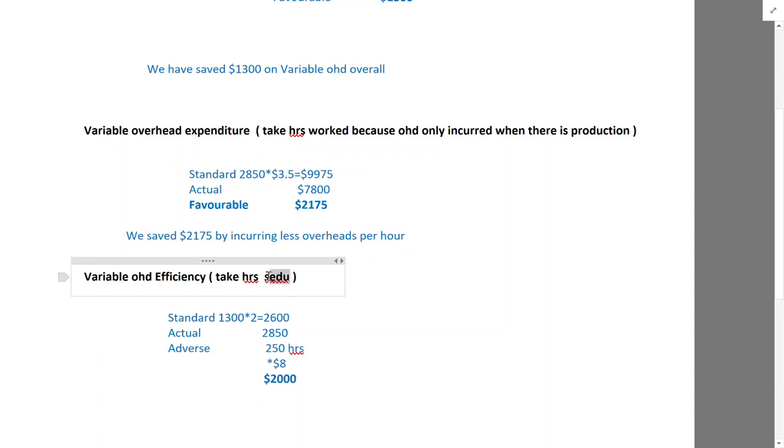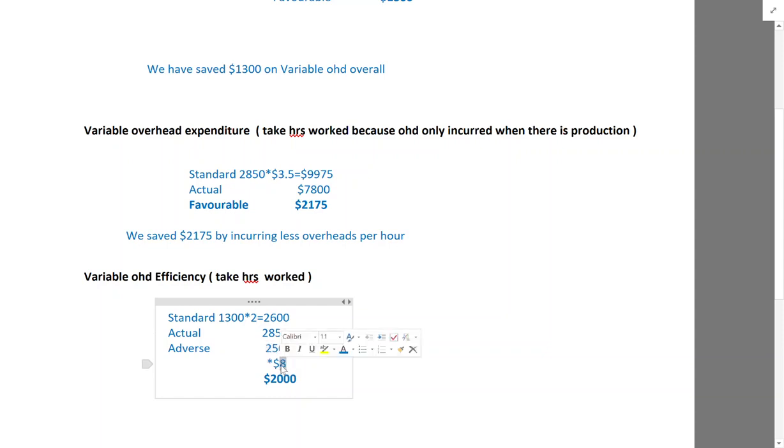If there is no work, there is no overheads. So if variable overheads is based on hours per unit, then hours per unit both for labor and for variable overheads is the same. Up to this point, this is the same. The only difference is we multiply by 3.5 here. If labor efficiency is adverse, variable overhead efficiency will also be adverse because it is based on labor hours. The only difference is that the rate is different.